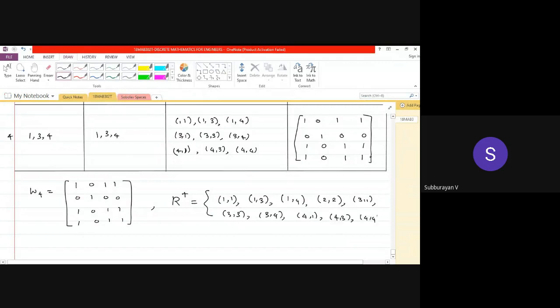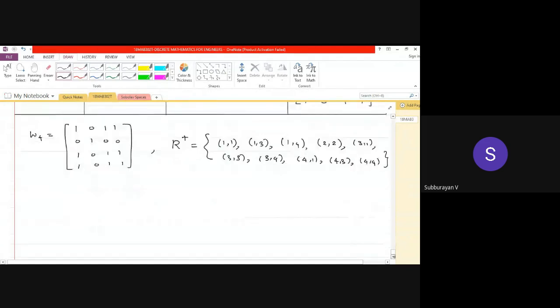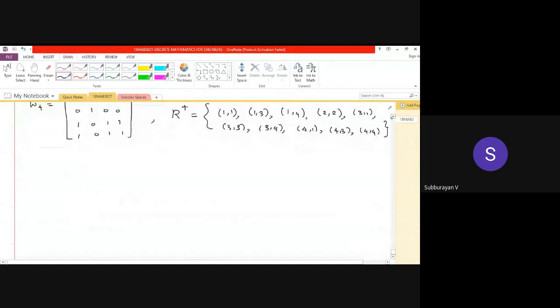You can verify that this relation is a transitive relation. Why? Because look at this: 1, 1, and if I take the composition with 1, 3, then 1, 3 will be there. Similarly 1, 1 with 1, 4 gives 1, 4, which is already there.